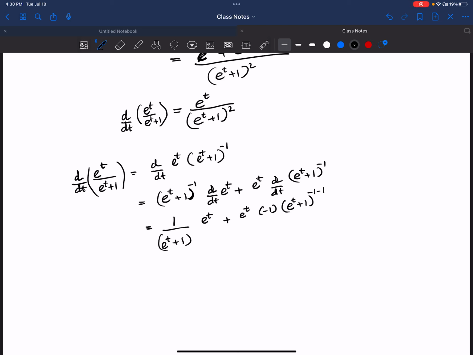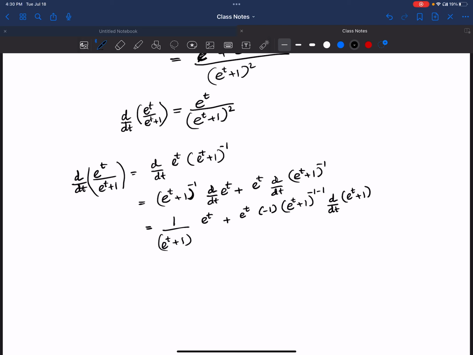So what I have done is, this is considered as u, and then you can write d over dt of e to the power t plus 1, the derivative of that function.